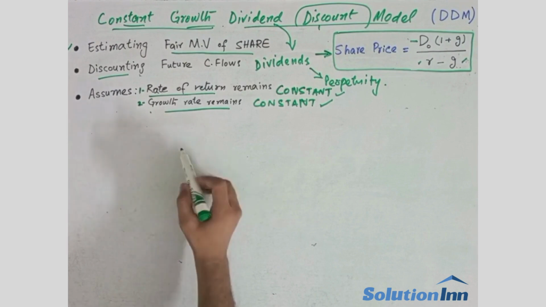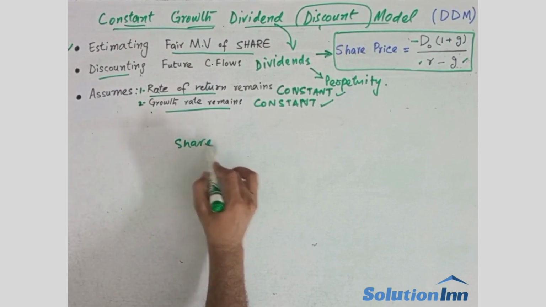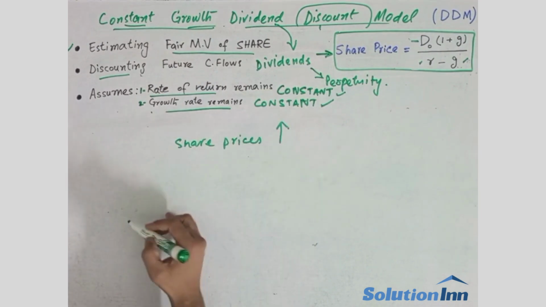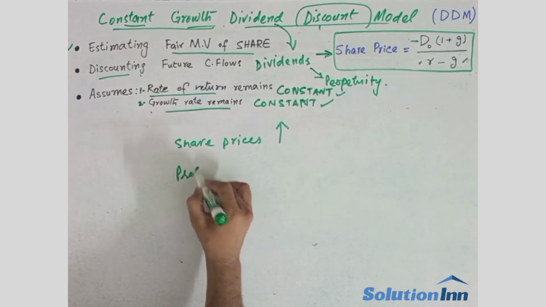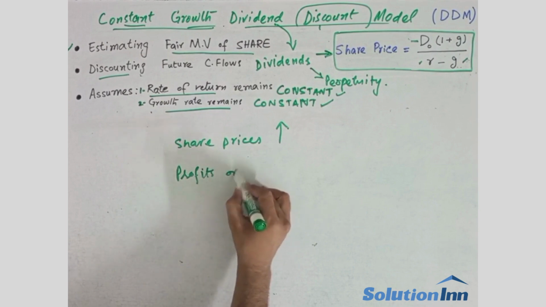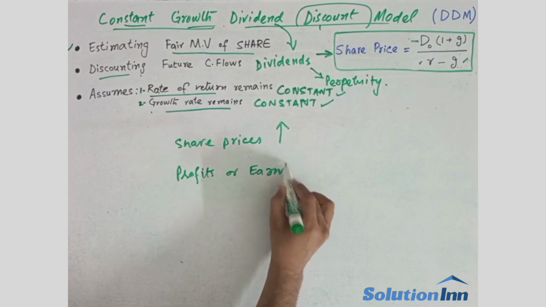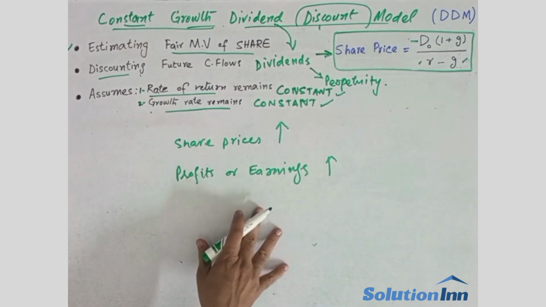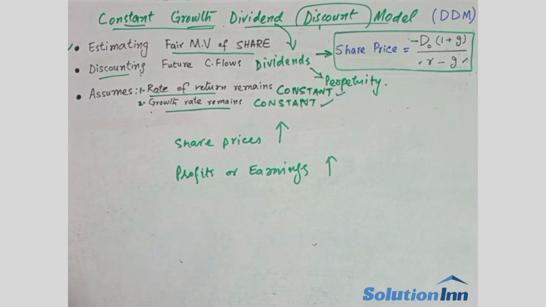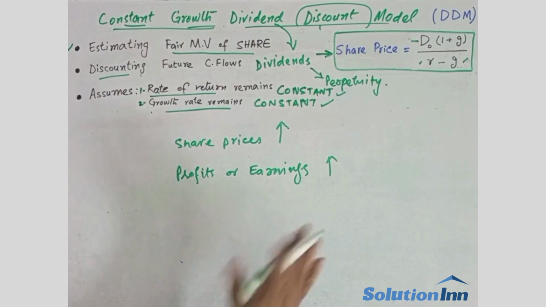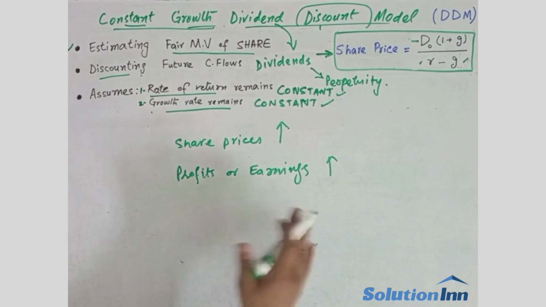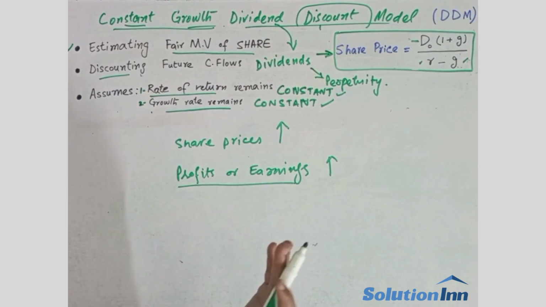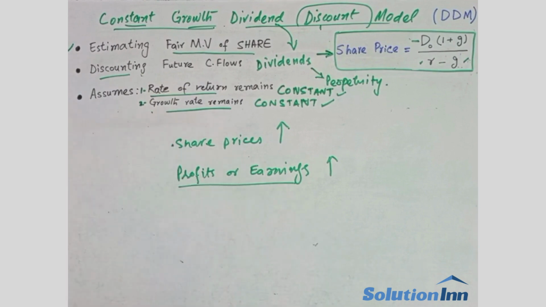So the company's share prices normally increase when profits or earnings are higher. This is a basic understanding, because this is why we are going to discount the cash flows paid out of profits or earnings to calculate its share price.